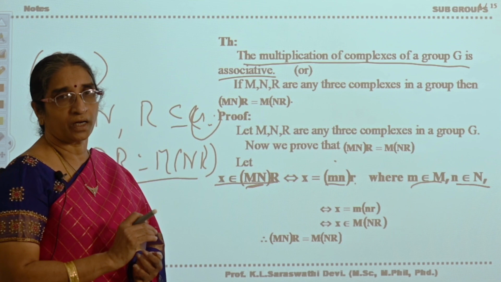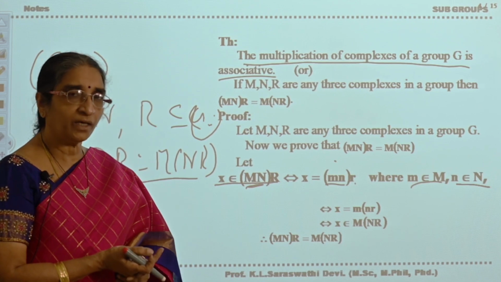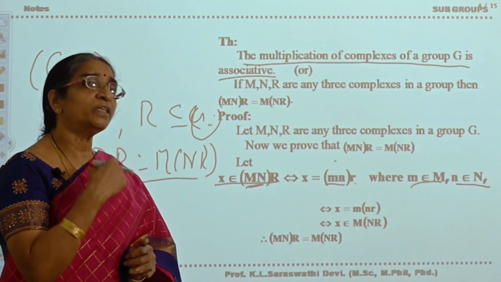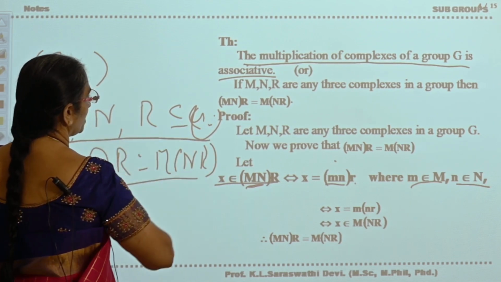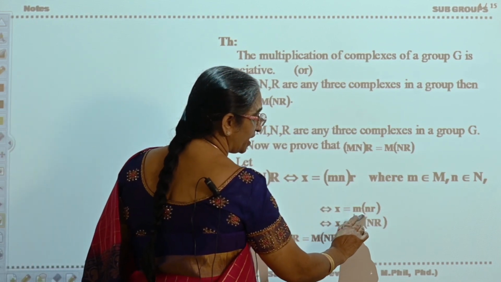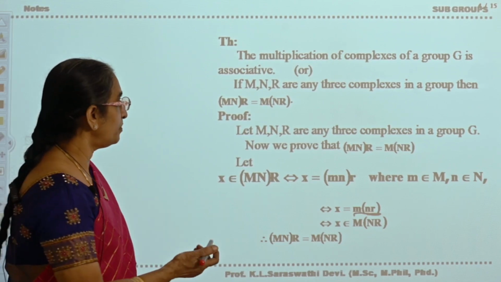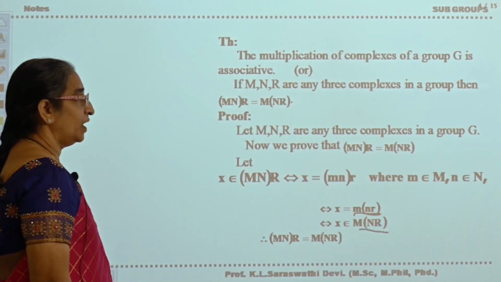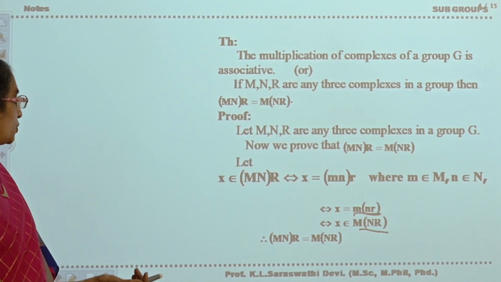Now m, n, r are three elements, m belonging to capital M, n belonging to capital N, r belonging to capital R. But all these three are elements of G because M, N, R are subsets of G. Therefore, x is equal to (mn)r, and because G is a group, associativity is satisfied in G, so (mn)r can be written as m(nr). Therefore, the multiplication of complexes satisfies the associative property.